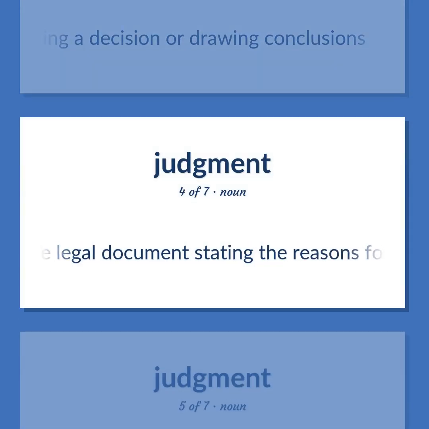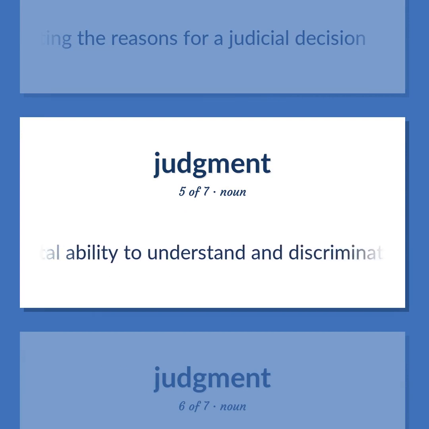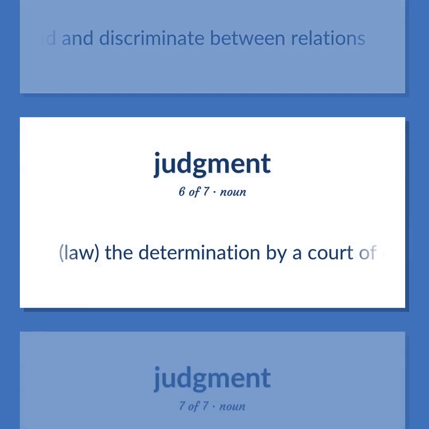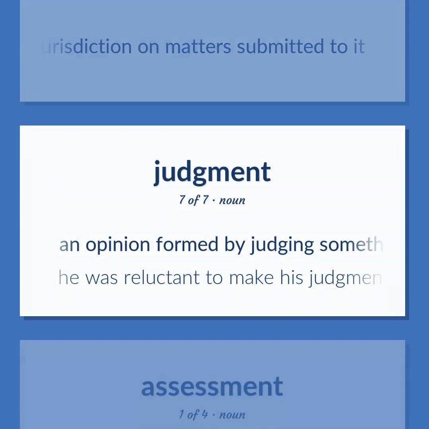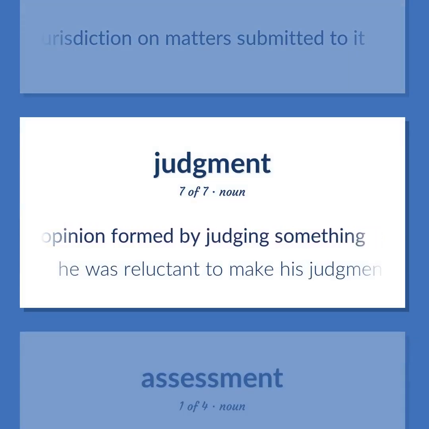The legal document stating the reasons for a judicial decision. The mental ability to understand and discriminate between relations. Law, the determination by a court of competent jurisdiction on matters submitted to it. An opinion formed by judging something. He was reluctant to make his judgment known.